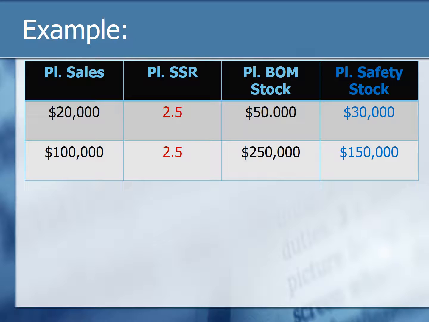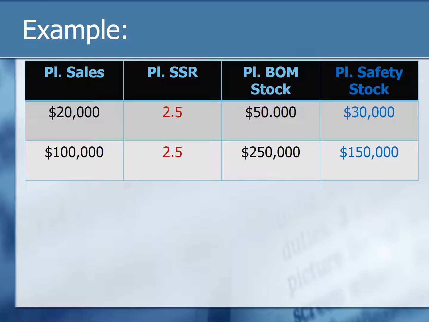But for the second month, okay, if you had a BOM stock of $250,000 and you sold $100,000 as you planned, then what you're going to end up with is $150,000 worth of stock. Okay, so in the first month you're going to have only $30,000 safety stock, whereas in the second month you're going to have a whole lot of safety stock just sitting around in the store, not getting sold.